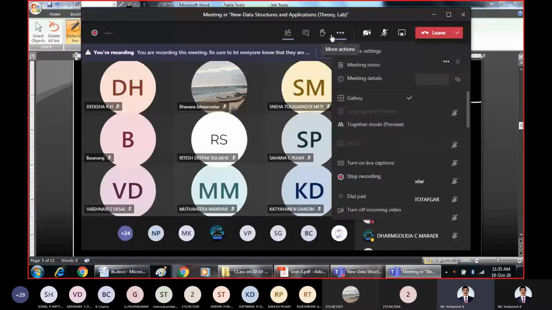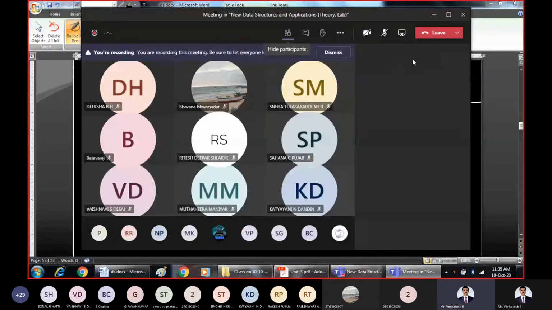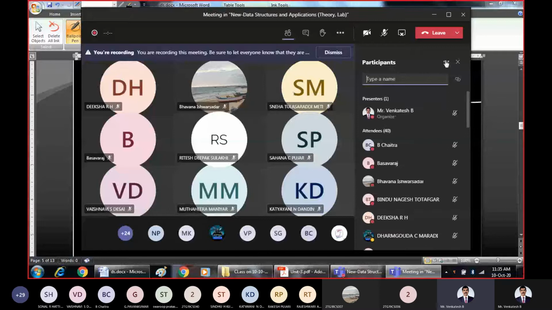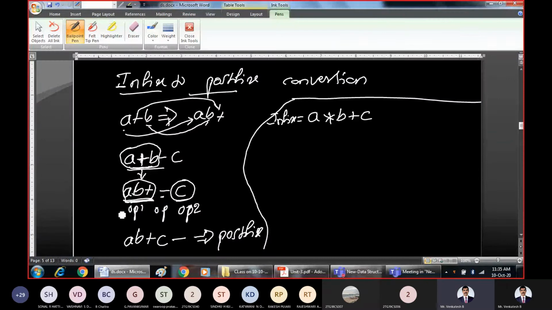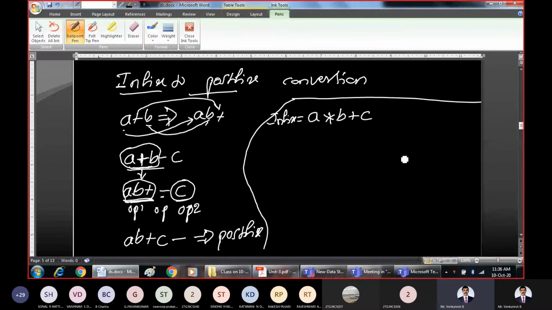Now, can someone tell me what the postfix form of this will be? Can anyone tell the postfix form of this expression? Whatever expression I have given, A star B plus C. What will be the postfix for this?